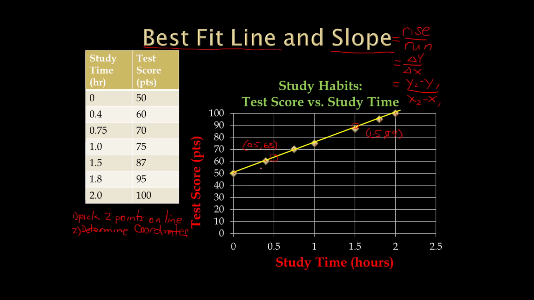I've determined the coordinates for my 2 points: 0.5 hours, 63 points. The second one, 1.5 hours and 89 points. Okay, step 3. Let's calculate slope.